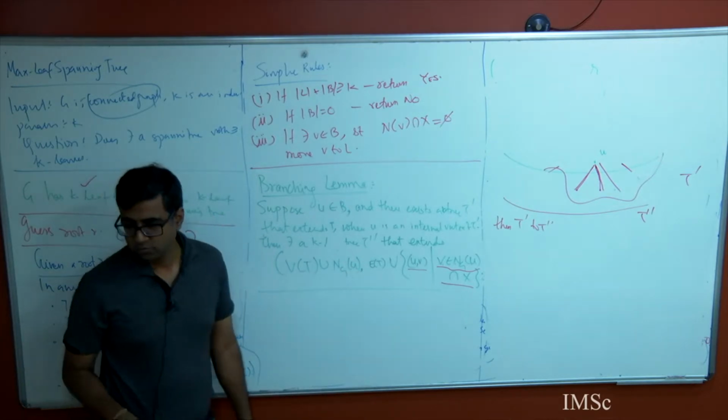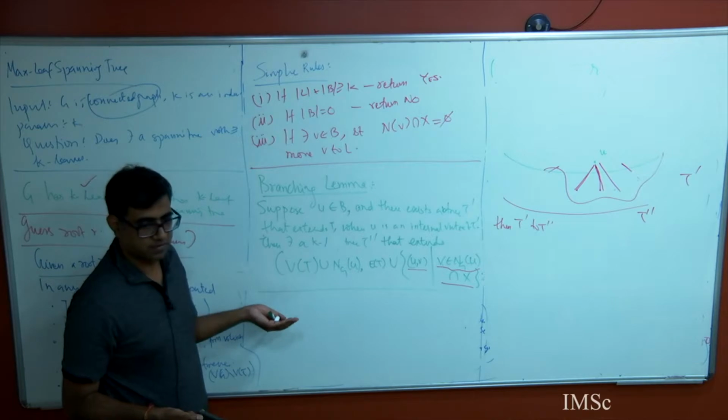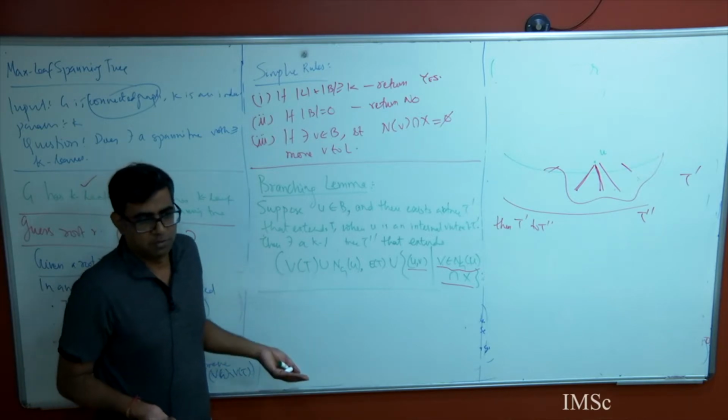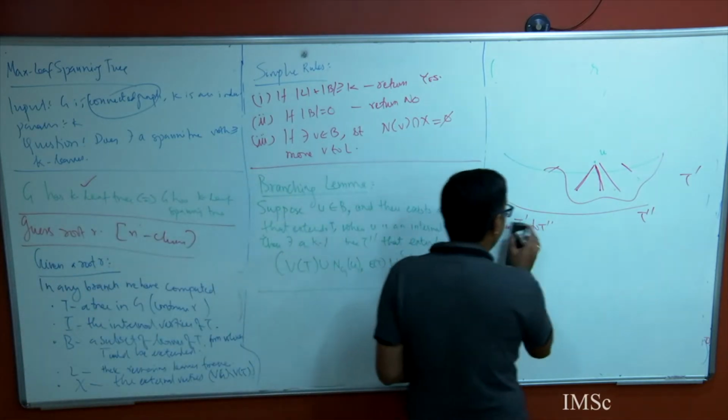And how will the proof go? As before, nothing has changed. I have just made the statement formal, but the proof remains exactly the same. So look at your T prime.